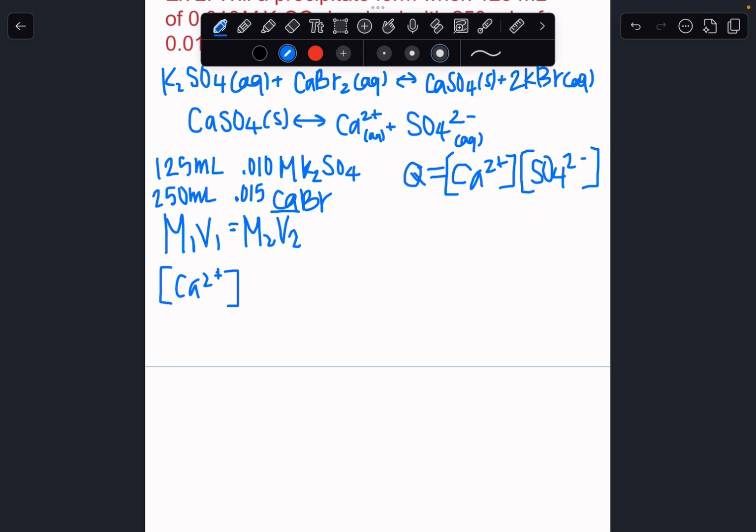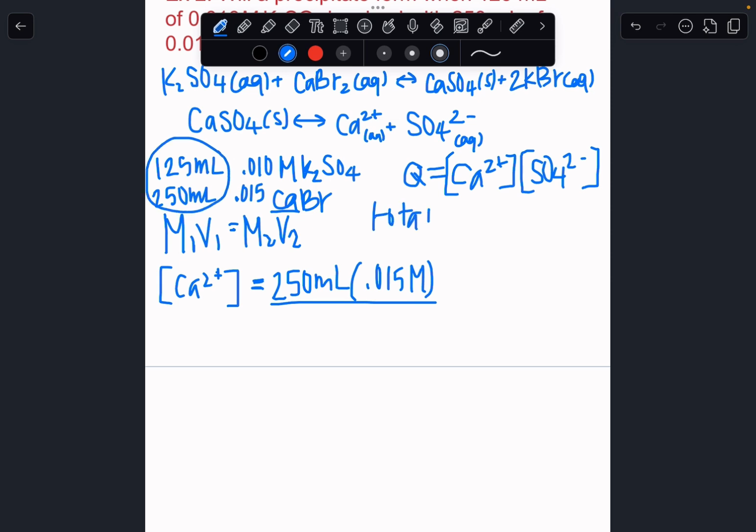So it's going to be 250 milliliters times 0.015 molar all over the total amount of solution, which is 375 milliliters.